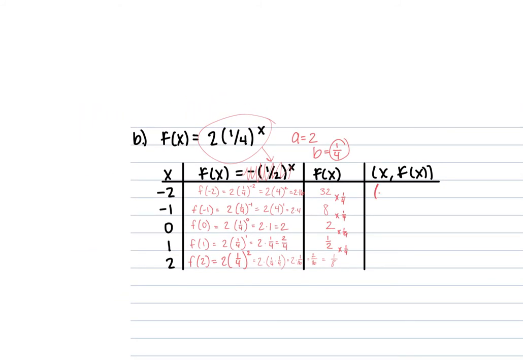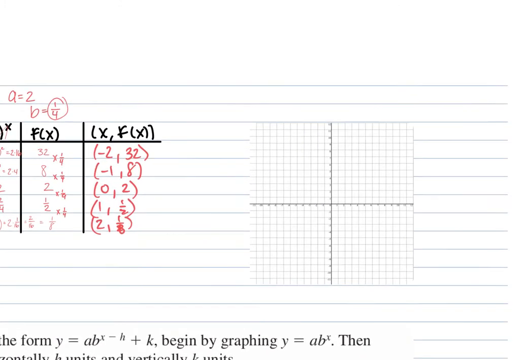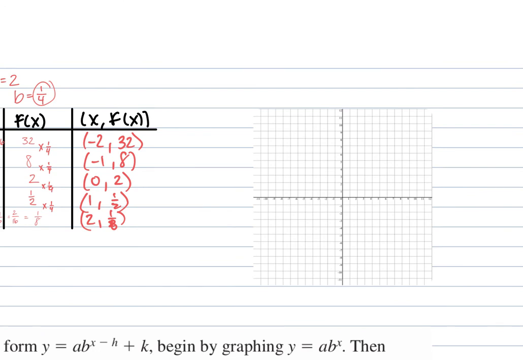Okay? So we're going to do negative 2, comma, 32, negative 1, comma, 8, 0, comma, 2, 1, comma, 1/2, and 2, 1/8. Graph them. Negative 2, 32 we can't do because we only go up to 12.